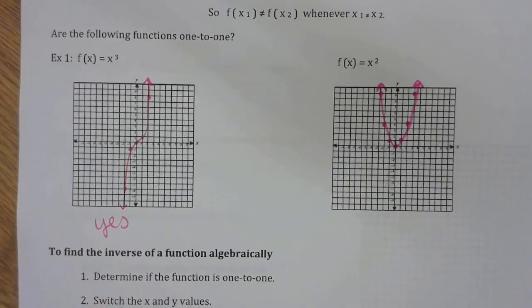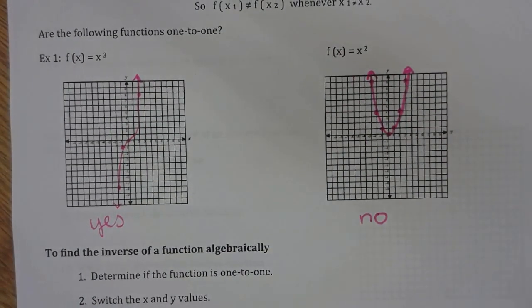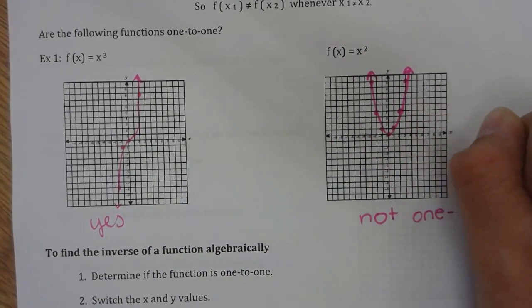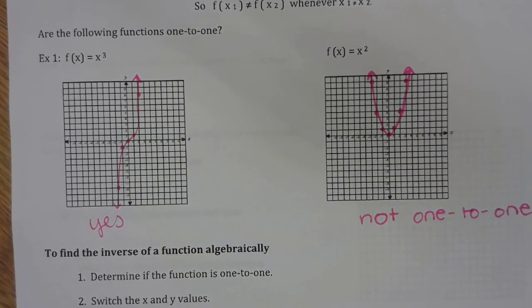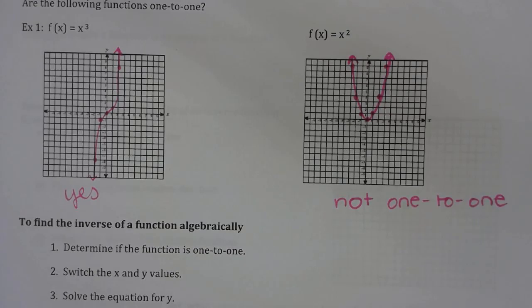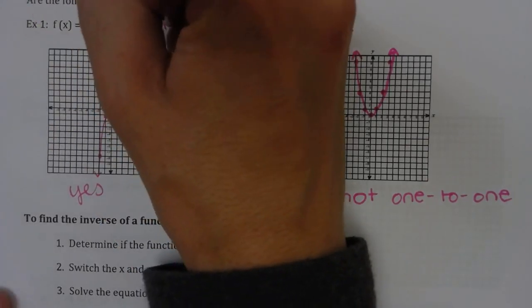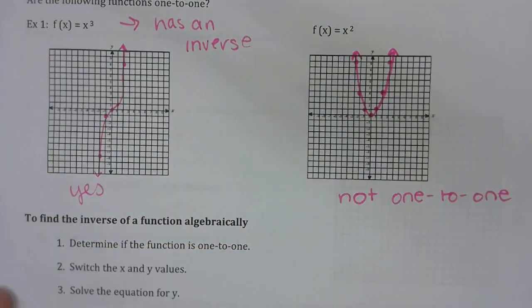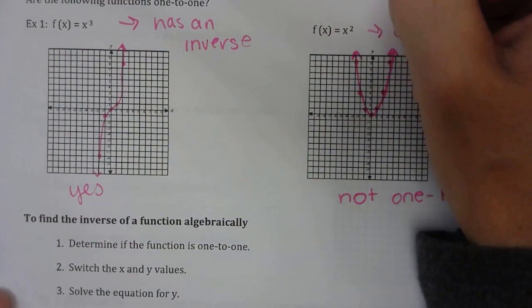Thus, x squared, which is an even function, is not 1-to-1. It fails the horizontal line test. Therefore, x cubed has an inverse, whereas x squared does not.